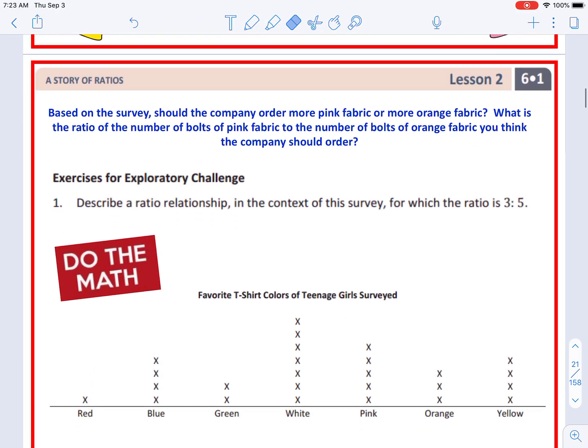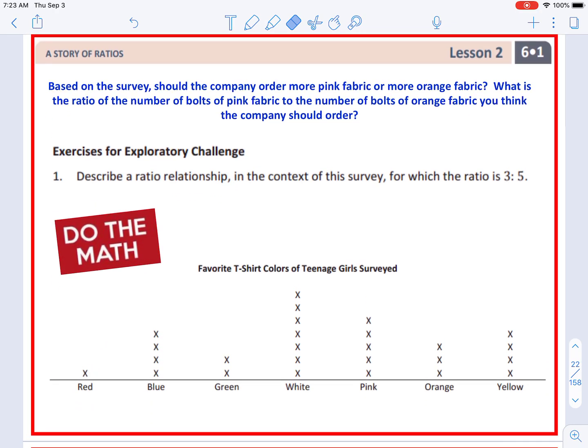So at the top here, based on the survey, should the company order more pink fabric or more orange fabric? Look at the data below. They should definitely order more pink fabric.